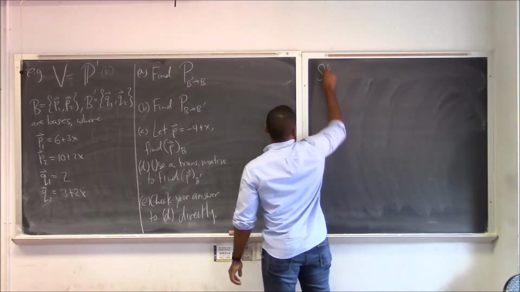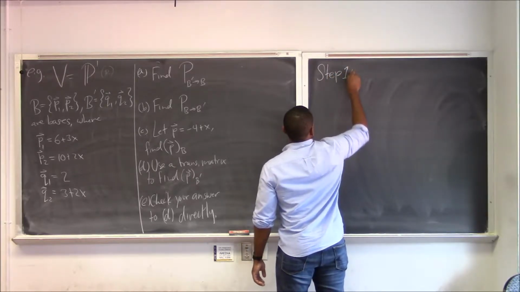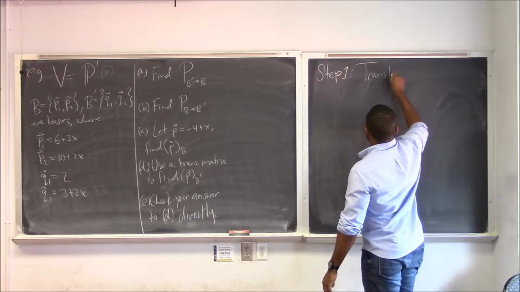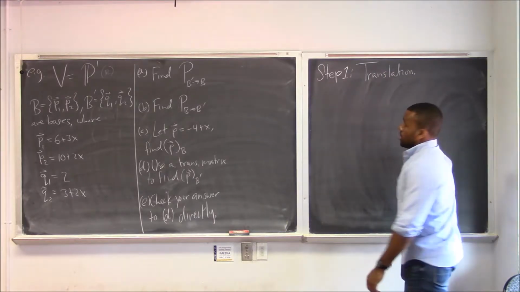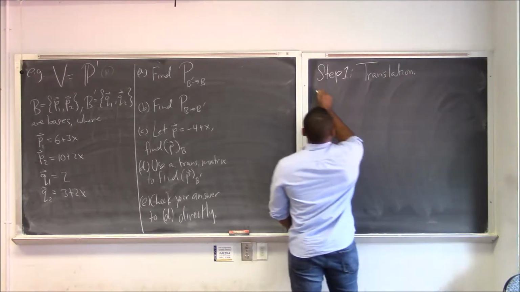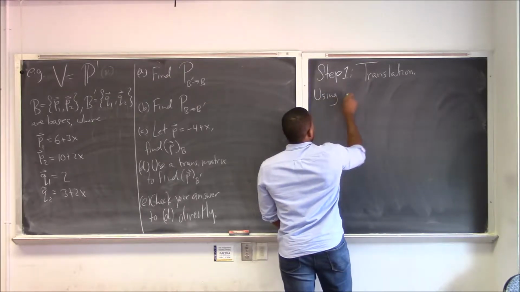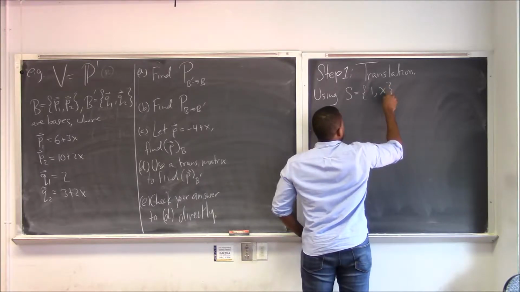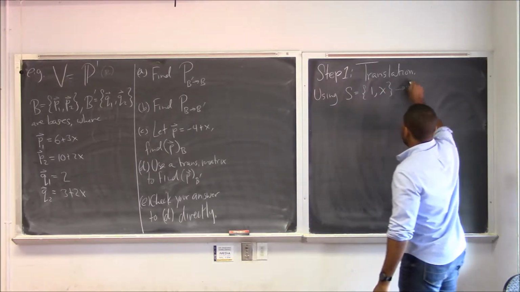So first, step one is to actually do this translation using S equals 1 comma x. This is the standard basis.